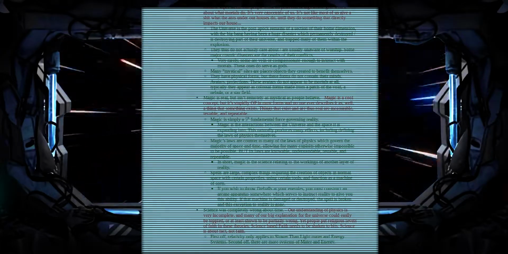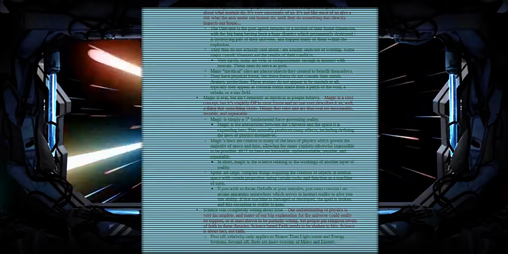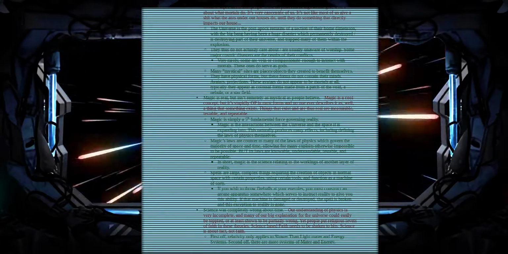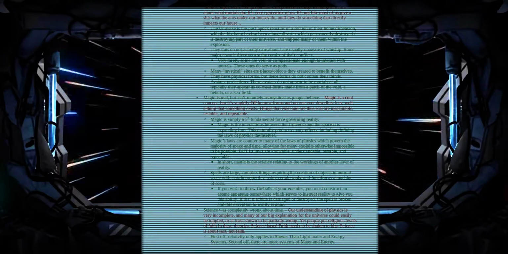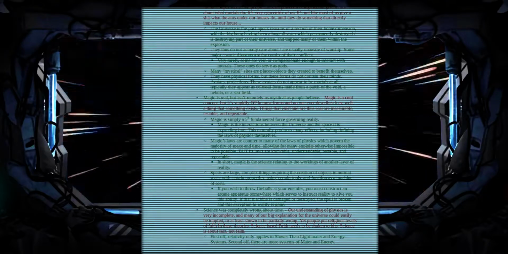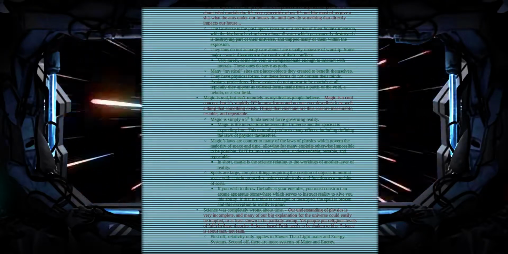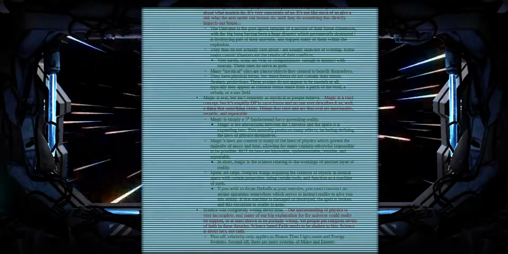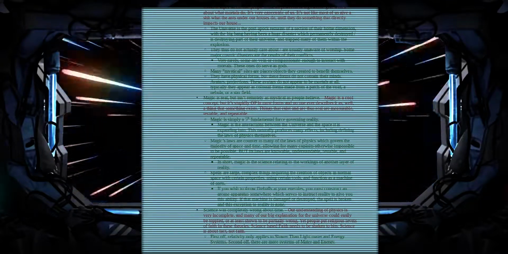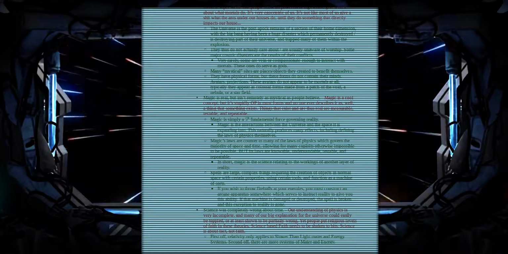There'll also be mystical sites in this universe, and many of them are places or objects that they created to benefit themselves. These godlike beings also have physical forms, but these forms don't contain their minds. They're avatars, projections. These avatars do not appear to be mortals at all, especially when they usually appear as colossal forms made from a patch of the void, a nebula, or a star field.